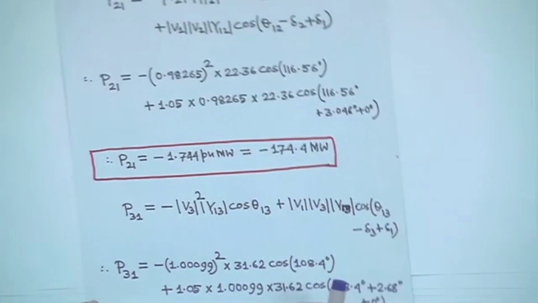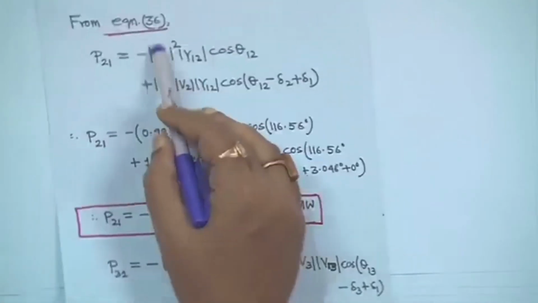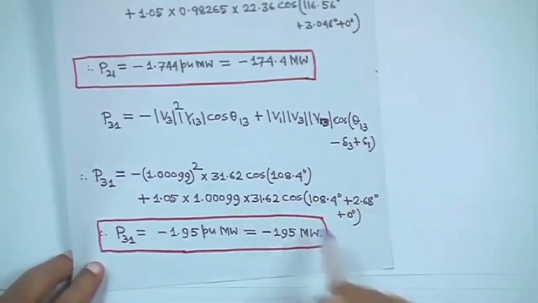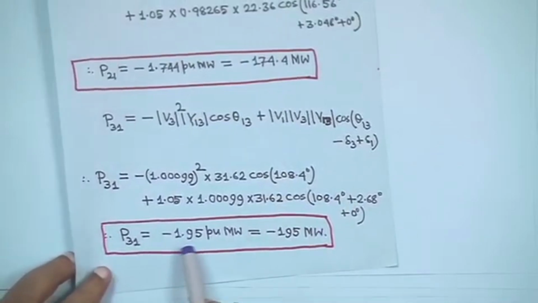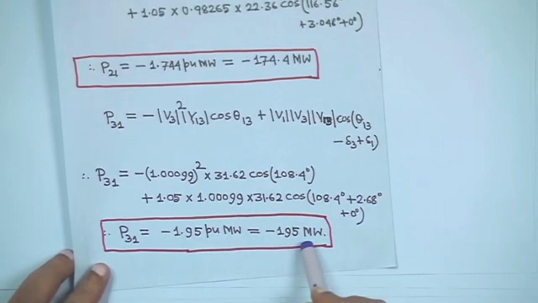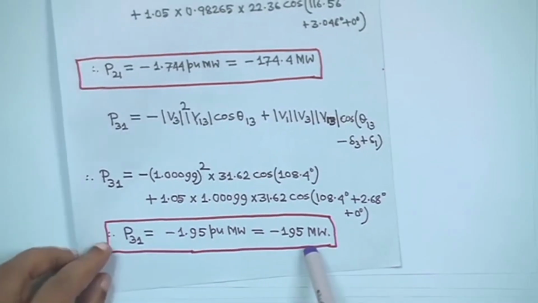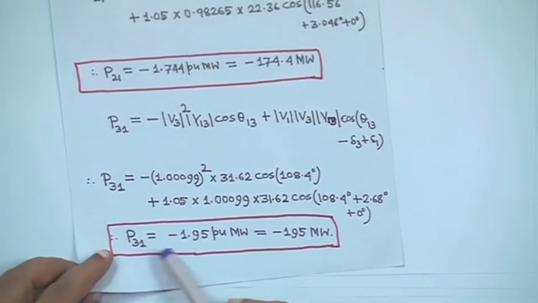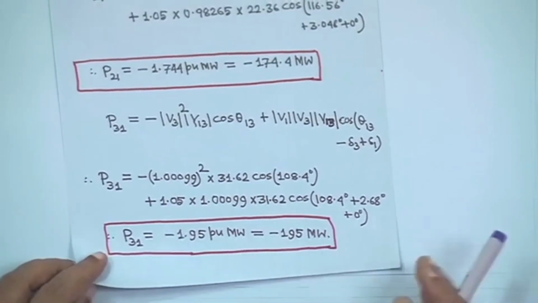Similarly, P31 using the same equation 36, k is equal to 3, i is equal to 1. If you put all the parameters, P31 will become minus 1.95 per unit megawatt, that is minus 195 megawatt. So, the actual direction of the power flowing is 1 to 3.